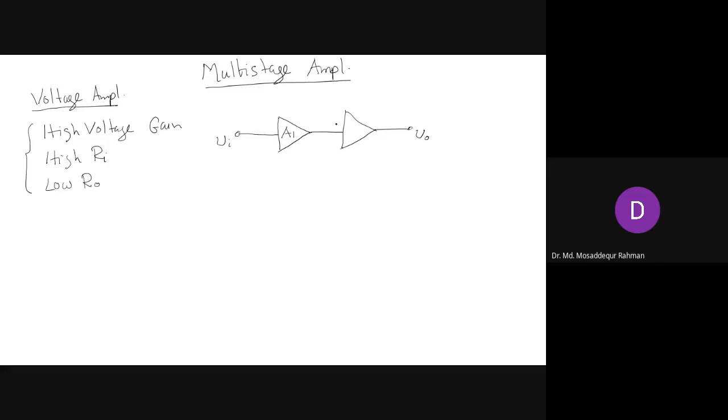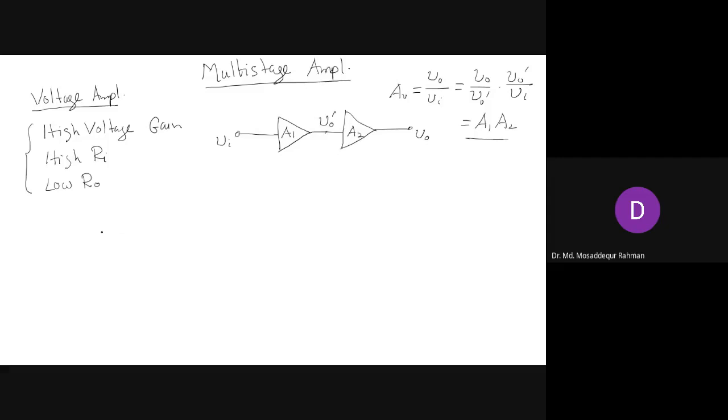We have gain A1 for the first one, gain A2 for the second, and V0 prime is the voltage in between. Then the overall gain we can express as V0 by Vi, that is V0 by V0 prime times V0 prime by Vi, and that is the gain A1 times A2. So for a multi-stage amplifier, the overall gain is the product of the gains of the individual amplifiers. It's very straightforward.